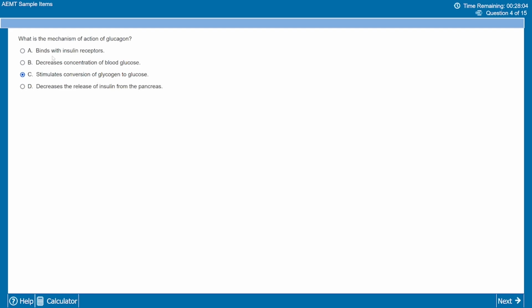So now we're stuck with either binds with insulin receptors or stimulates the conversion of glycogen to glucose. Personally, I would pick this one. But again, the whole point of this practice is to reduce the amount of answer choices to go from a 25% chance to a 50% chance, and we've successfully done that, which is something you should do during these tests.